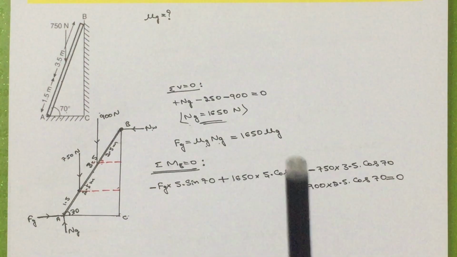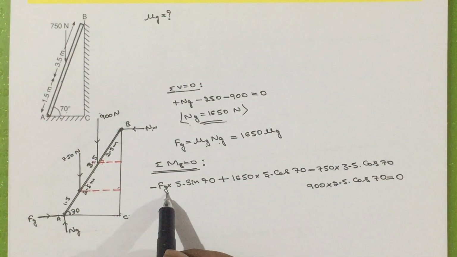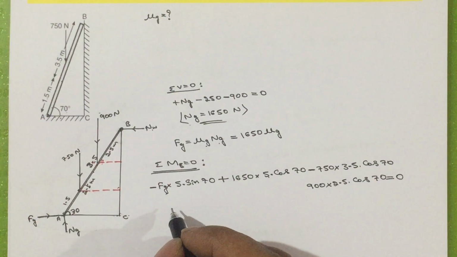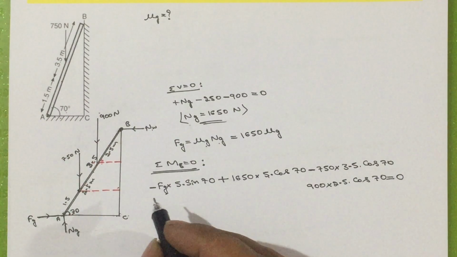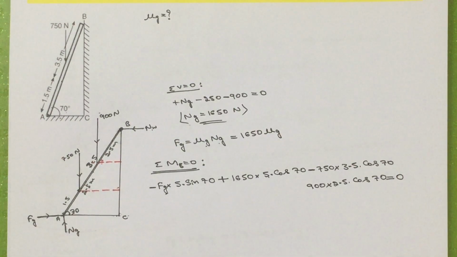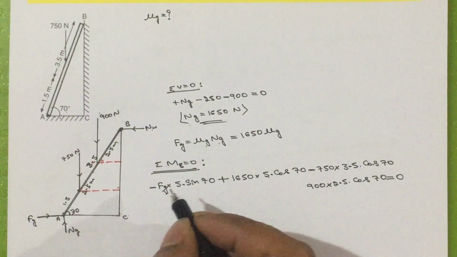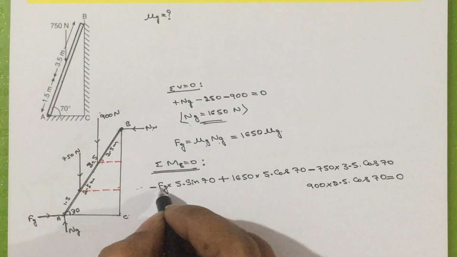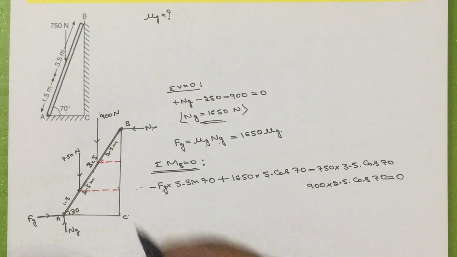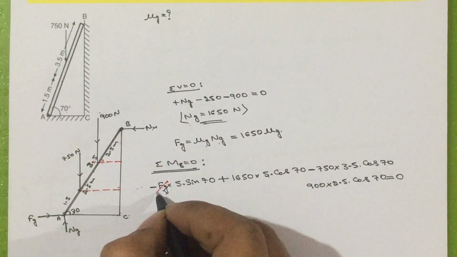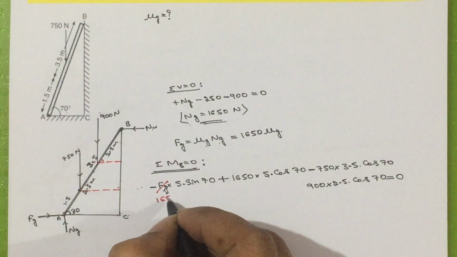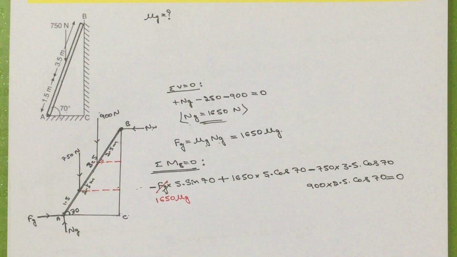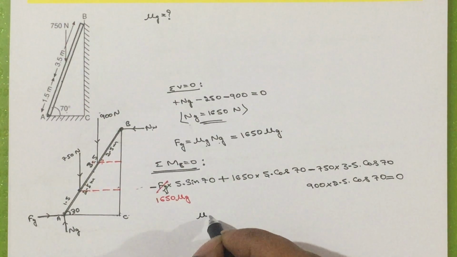In this overall equation, the unknown is Fg. You can write Fg as 1650 mu g, substitute it, and calculate mu g directly.